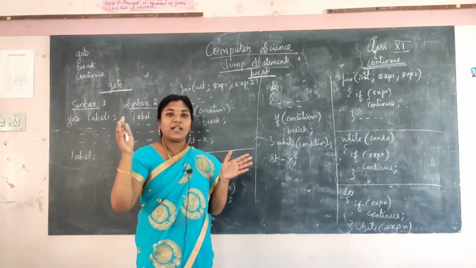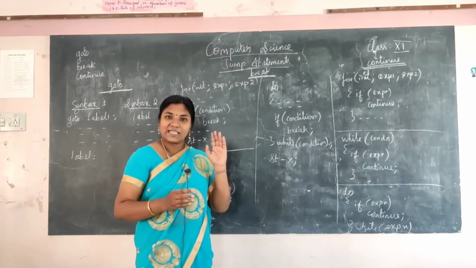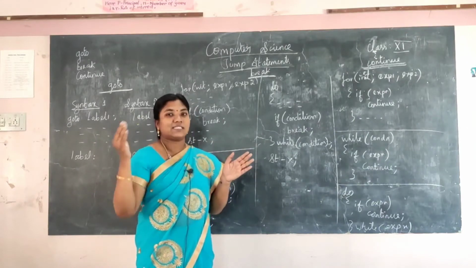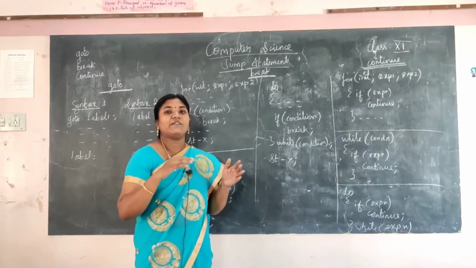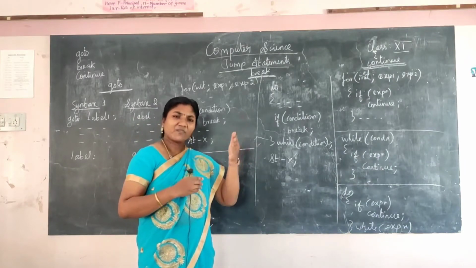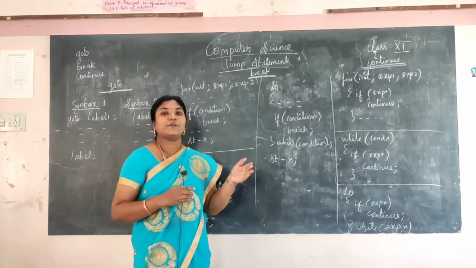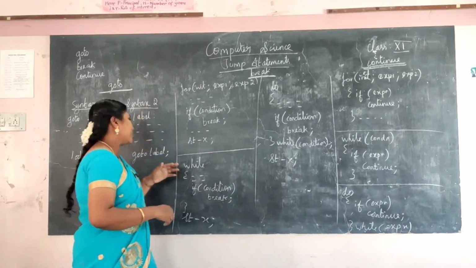If you have a label at the 10th statement, and at the second statement you say goto that label, then the execution will jump from the second statement to the 10th.